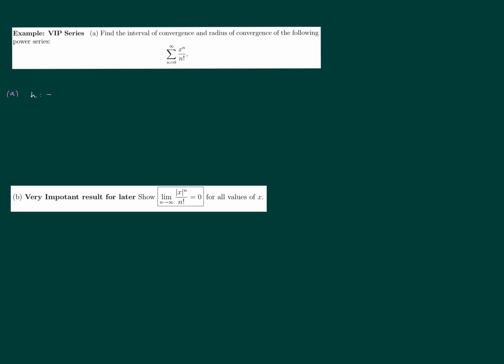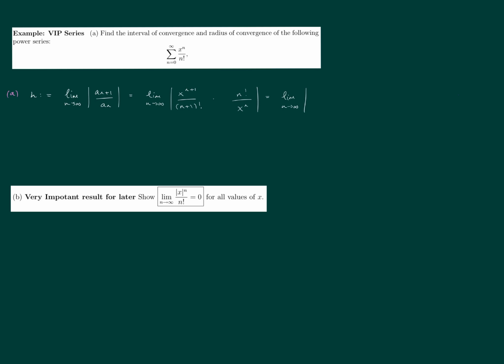So, as before, let's just define L. This will be the limit, as n goes to infinity, of the absolute value of a n plus 1 over a n, where the a n's are the whole terms, so we include the x's. So, this is just going to be x to the n plus 1 over n plus 1 factorial times flip a n upside down, n factorial over x to the n.